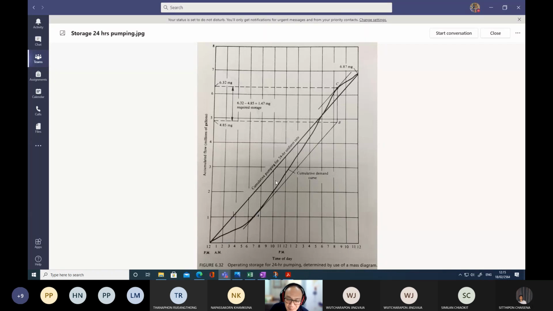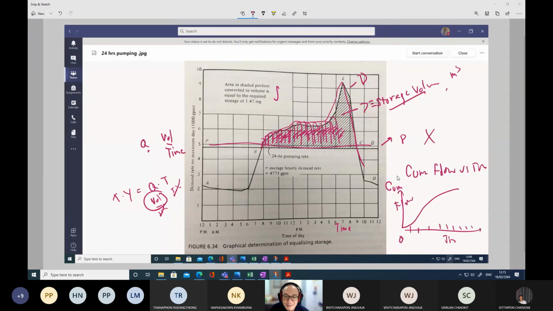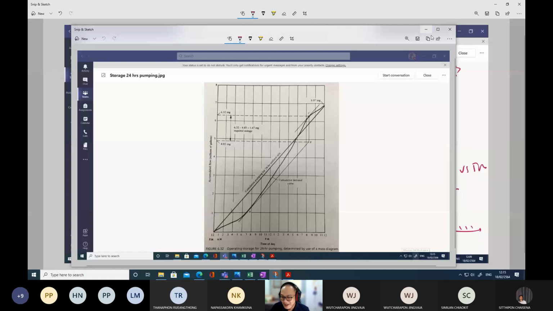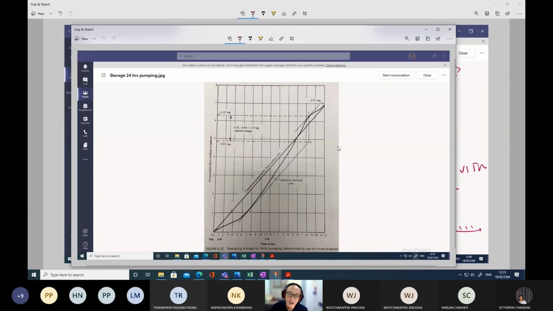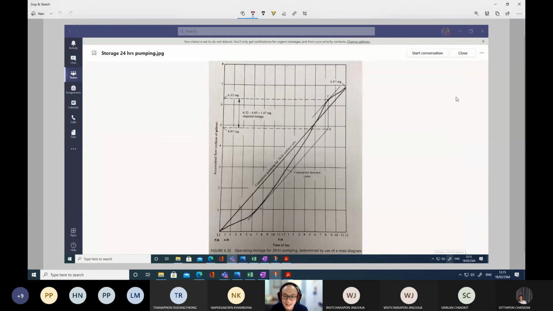Okay, now it's coming. So if you plot the cumulative demand and the cumulative pumping rate, you will see something like this. You will get two curves together. One line is the cumulative pumping rate, the other line is the cumulative demand. For the cumulative demand, you will get a curve like this, more or less like an S curve.